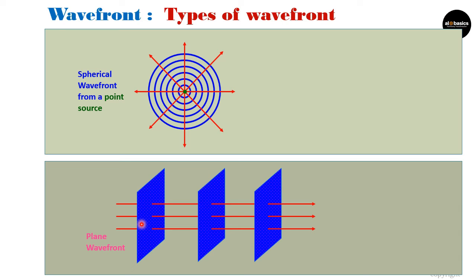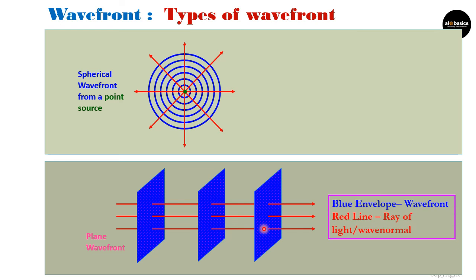Small portion of that big radius sphere, we can say it has become a plane, and we get the plane wavefront. Now in this diagram, the blue envelope is representing wavefront, and red lines are representing ray of light, or I can say wave normal.